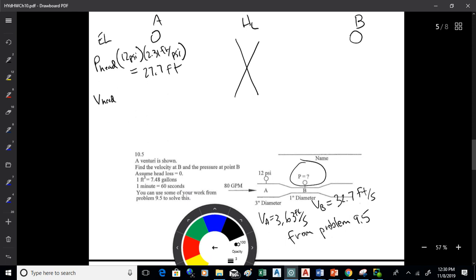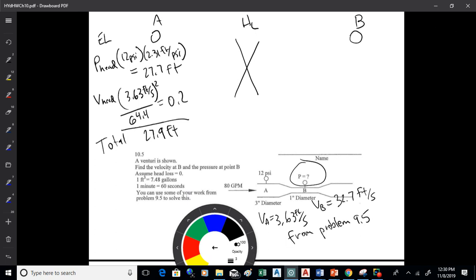Okay, the velocity head will be that 3.63 feet per second. You're going to square that and divide it by 64.4. And that's not going to come out to be too awful much. That's just going to be 0.2. So when you add the two together, you get 27.9 feet. So that's the energy that you've got at A.